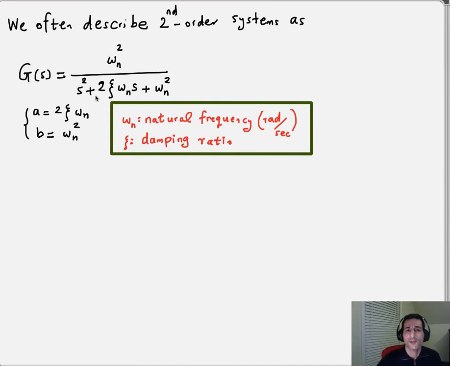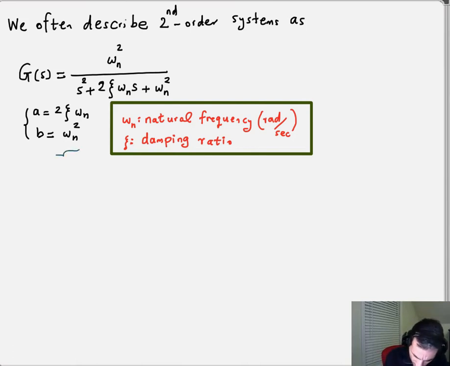Now if you want to relate the coefficients of this transfer function to the ones we saw in the previous slide, omega n squared becomes your b, and the coefficient of s in the denominator, which is 2 zeta omega n, becomes a. If you want to find omega n and zeta directly from a and b, that's very simple.